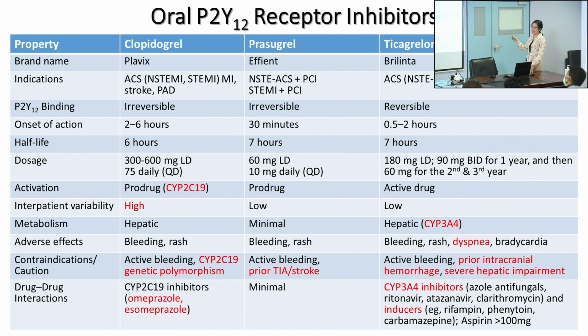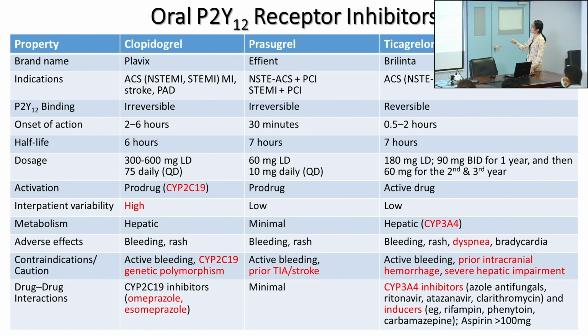But after their patent expires, they may start to be cheaper. So one day you may start using them. But right now, I think we don't have prasugrel and ticagrelor here. Okay, but clopidogrel is an older drug, so you have to know that.